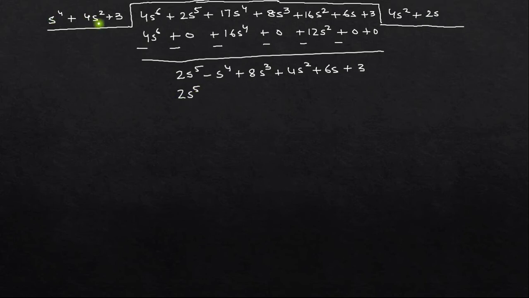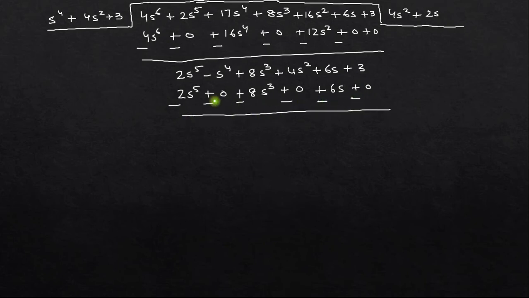Then multiplying 2S with 4S^2, I will get plus 8S^3, and similarly multiplying 2S with this 3, I will get plus 6S, and the remaining will be 0. Again changing the sign and taking the difference, this will cancel out. I will get minus S^4.